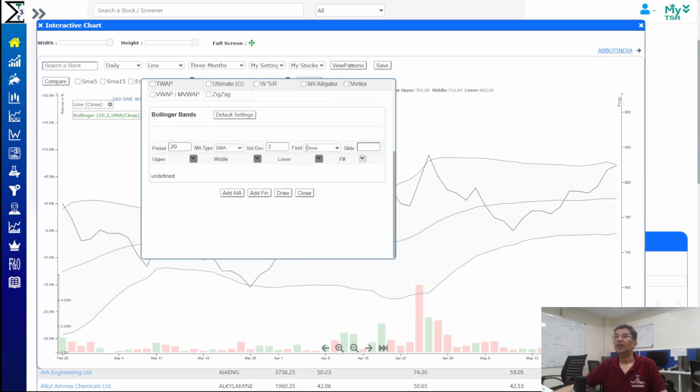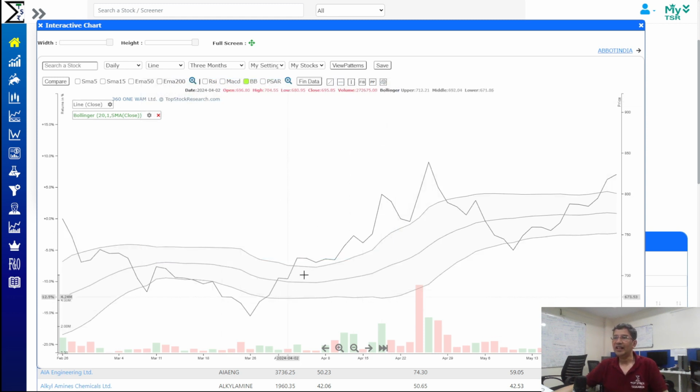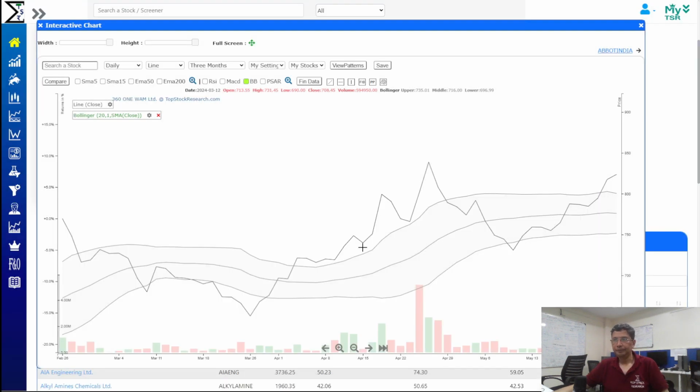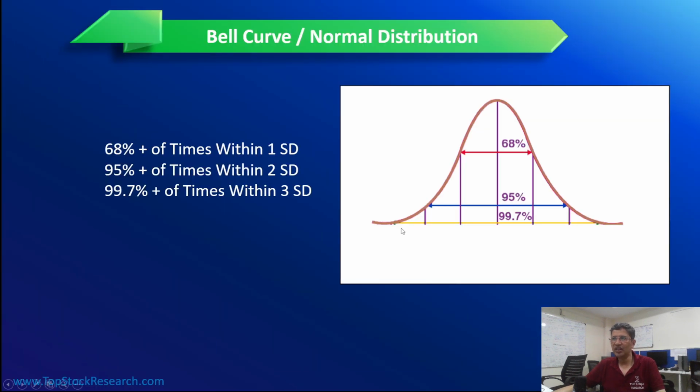With 1 standard deviation, we will see that the probability of breaching that level is much higher, right? The probability of breaching that level is much higher, because that's how narrow the volatility zone you have. Okay, so that's pretty much what I wanted to cover about standard deviation in this session.